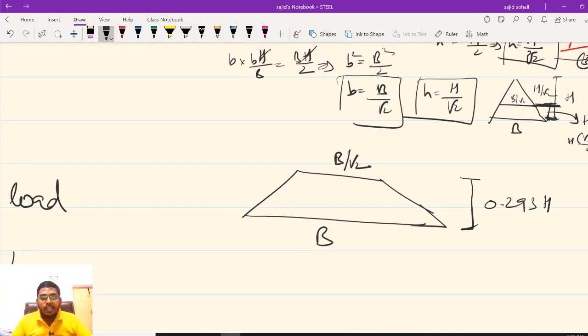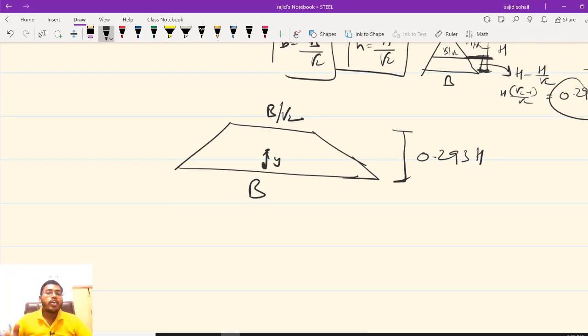So I have to calculate where my centroid is. I have one formula for the centroid from the bottom. What is that? The centroidal formula for a trapezoid is (2a plus b) divided by (a plus b), into h divided by 3. Do you remember the formula?